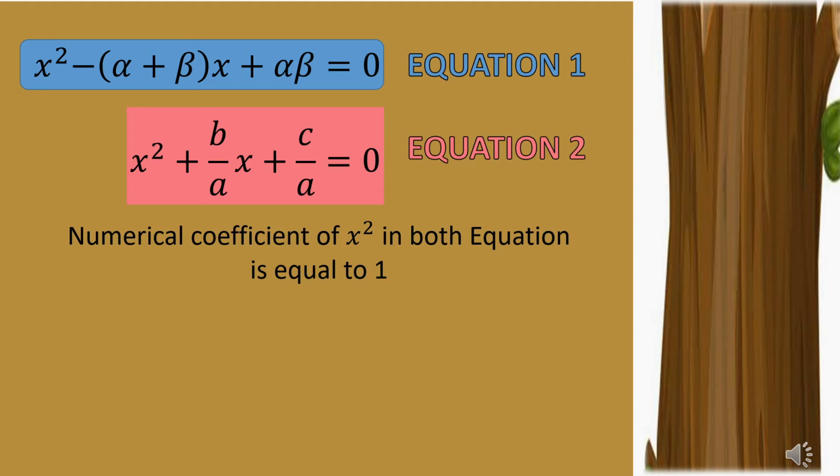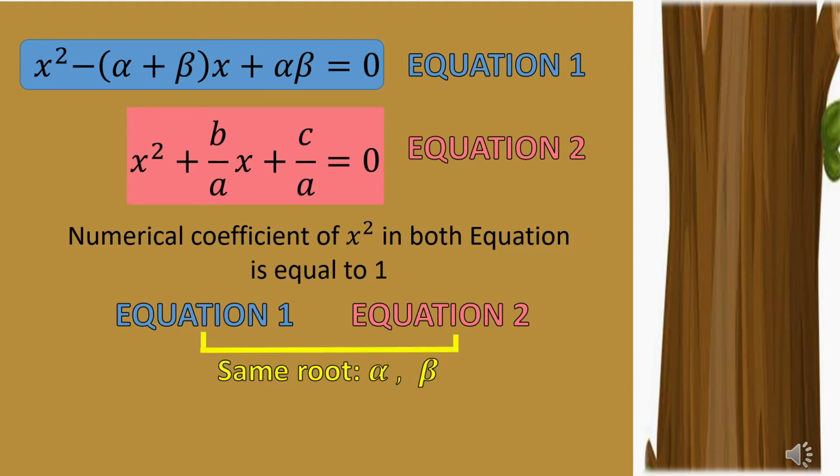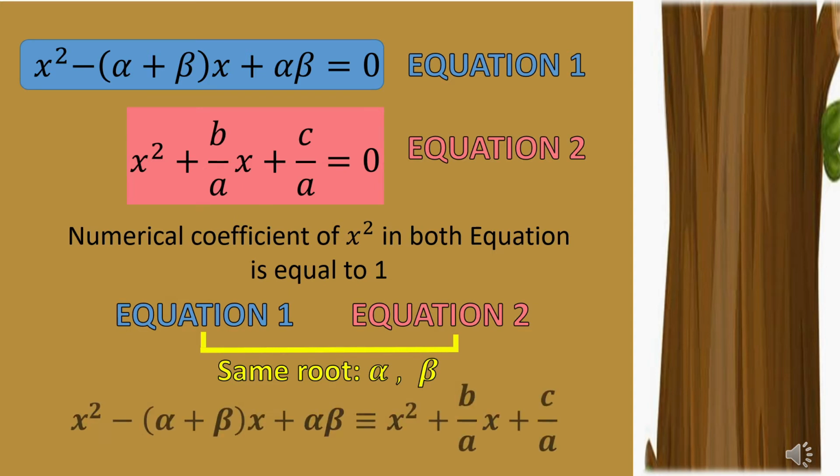Since equation 1 and equation 2 have the same roots, alpha and beta, and are in the same form, we can write x squared minus (alpha plus beta) times x plus alpha beta is equivalent to x squared plus b over a x plus c over a.